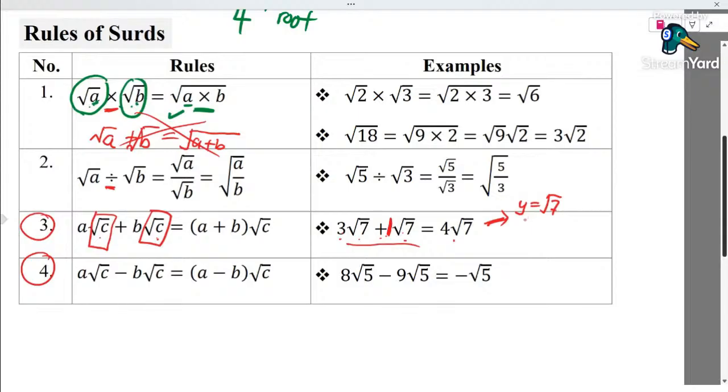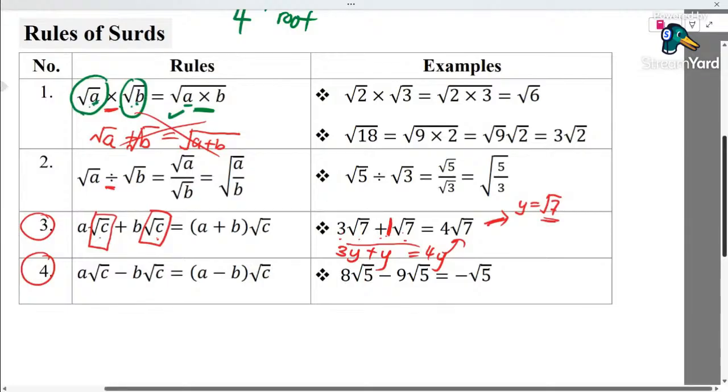Here I will have 3y plus y. 3y plus y is 4y. And what is y? Square root of 7. You can think in this way, based on substitution. Just think like this, don't keep doing the substitution because it's very annoying, so many substitutions. You just need to have this mindset to understand.